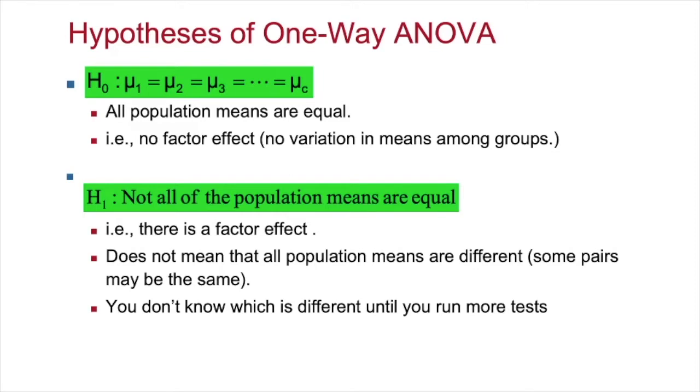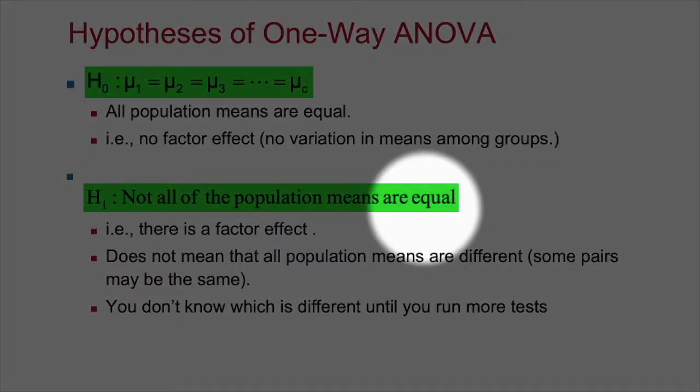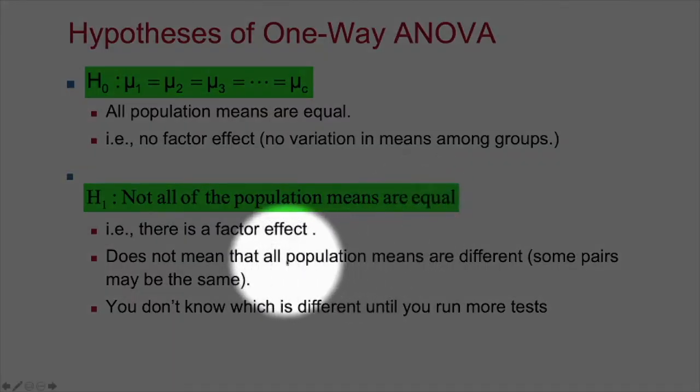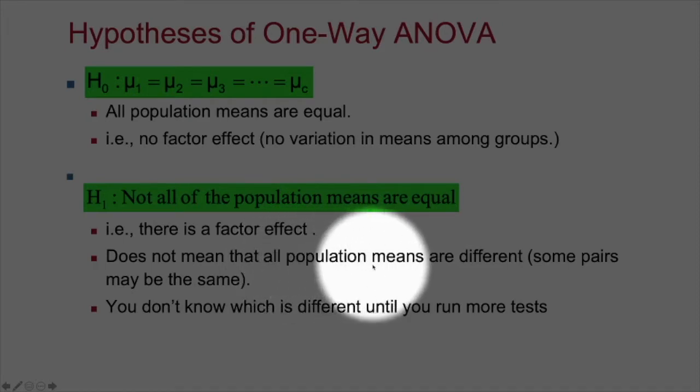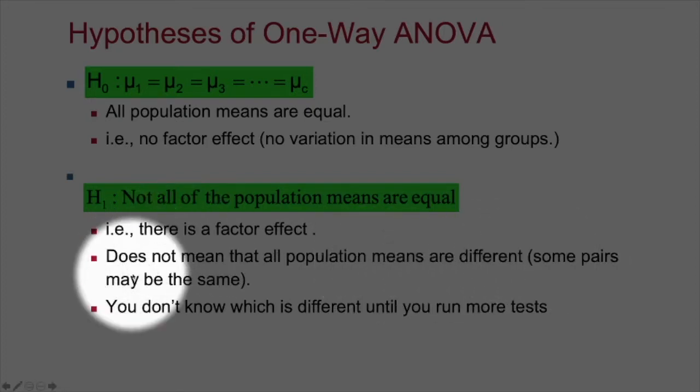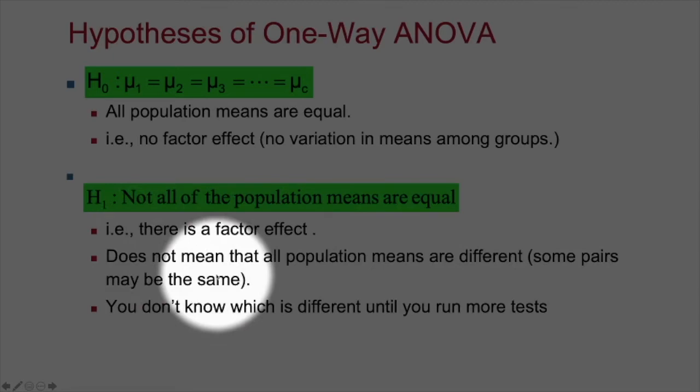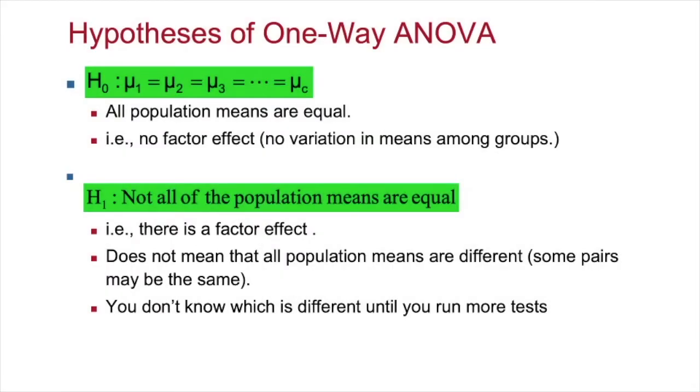In other words, the mean of at least one of the groups is different than that of the other groups. Now, importantly, it does not mean that all of the population means for each group are different. It just means that at least one is different. Some groups may have the same mean, but at least one of them is different from the others.